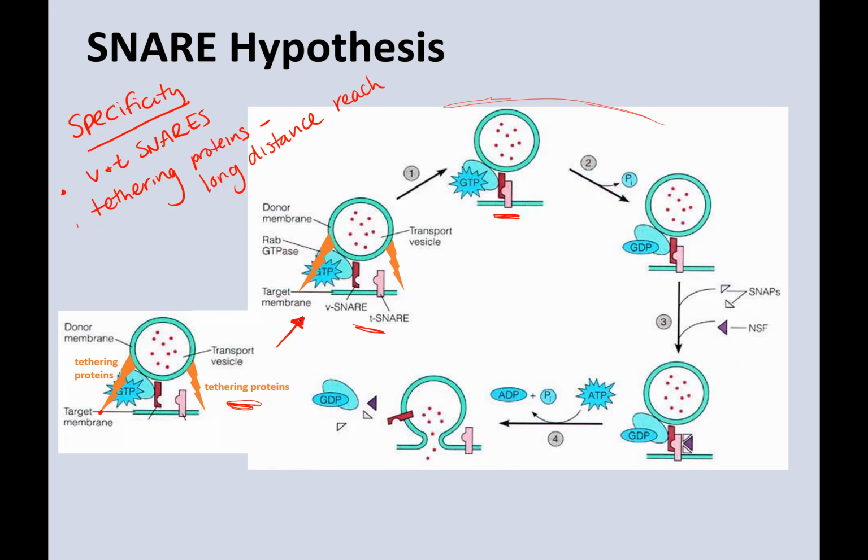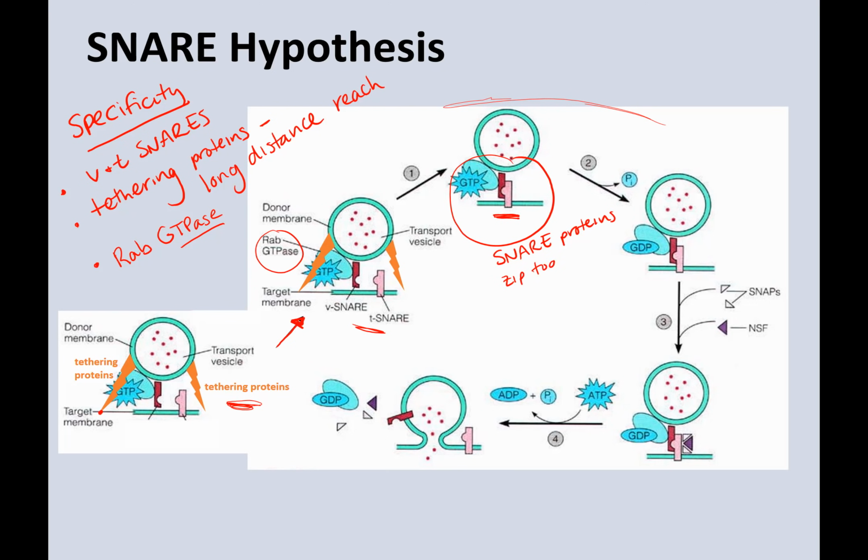The third part of our specificity is this Rab GTPase. And you're going to see lots of GTPases as we talk more about these internal movements in the cell, and they use GTP for their energy instead of ATP. So the Rab GTPases also have some specificity, and what's happening right here is the SNARE proteins zip together.